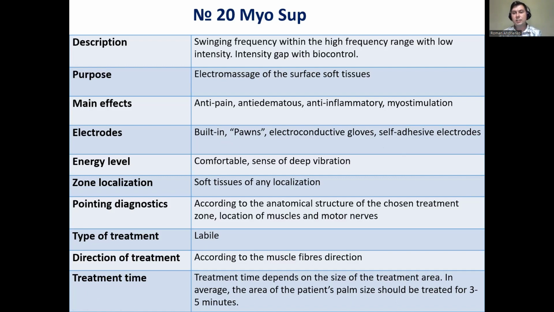So this is a pretty open preset where you can be imaginative, where you can be creative in your electric massage. So go ahead, but remember that each area of the palm size should be treated for 3 to 5 minutes here.